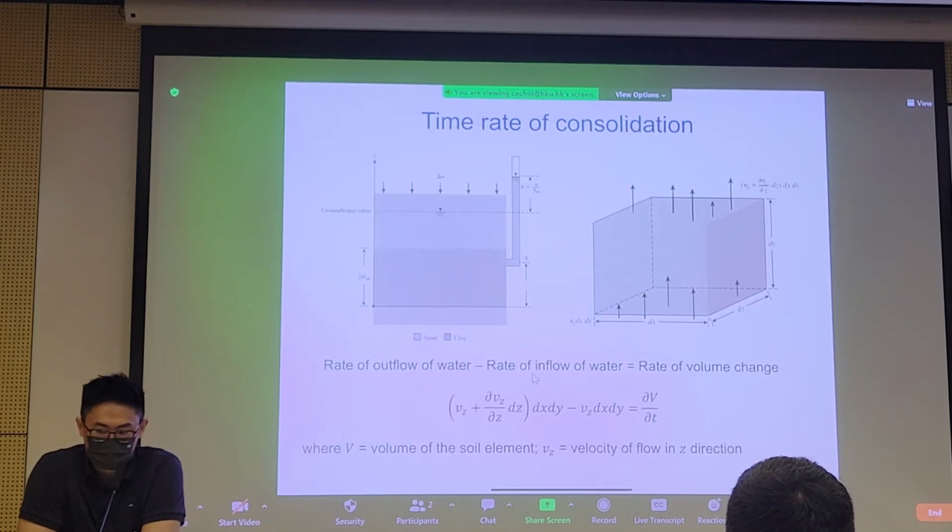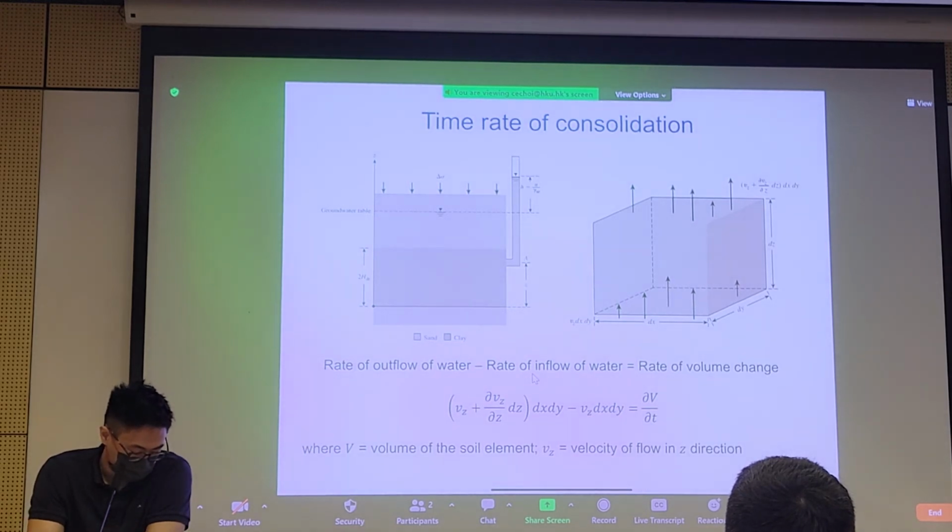So to come up with an expression to describe the time rate for consolidation, as per usual, we look at a very finite element of the problem. So let's describe the domain of our problem. If we just focus on this part first.